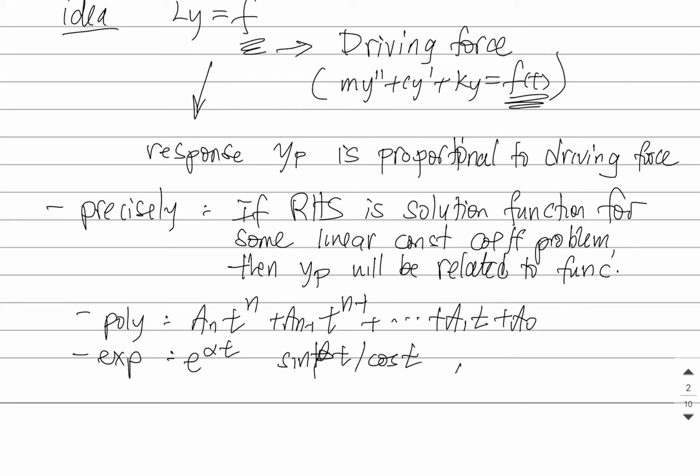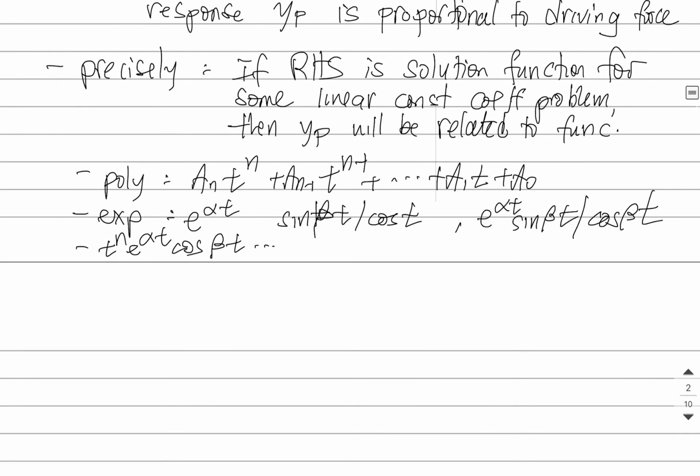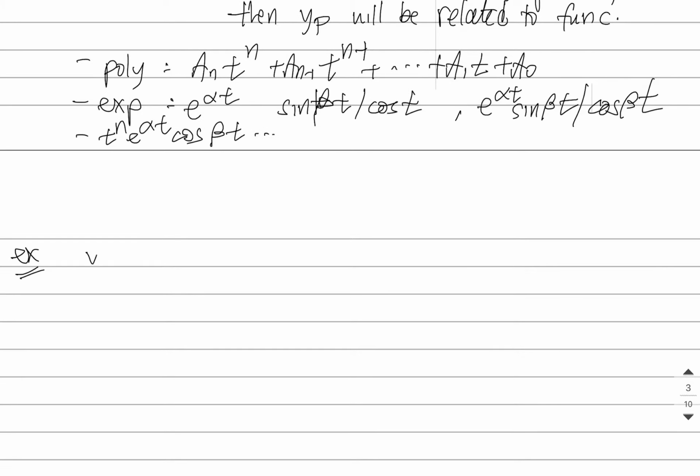These strange combinations of sines and cosines will work as well because they were all possible solutions of constant coefficient problems. Anything where you put a multiple in front of all of them will work. So if your right-hand side, your driving force, is a function that comes from solving some other constant coefficient linear problem, then this idea will work. So let's actually dive into this method by showing you some examples.